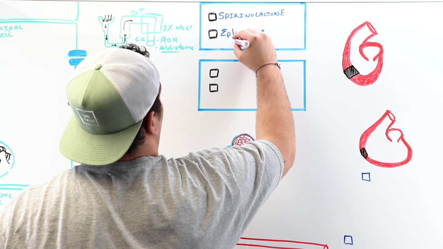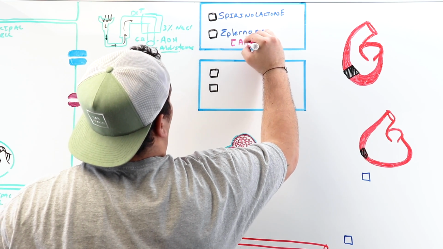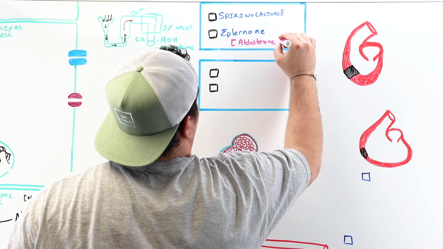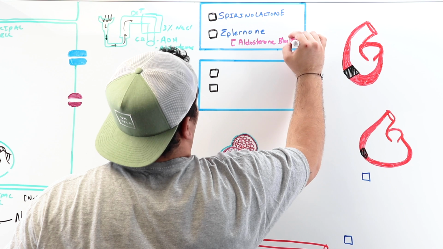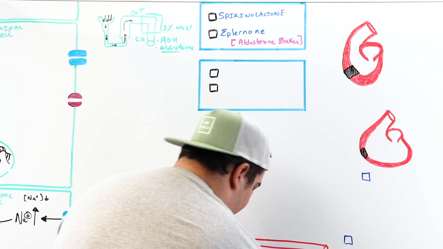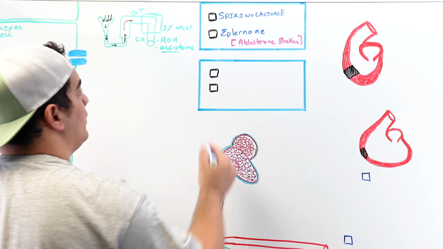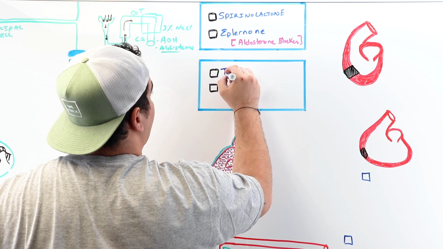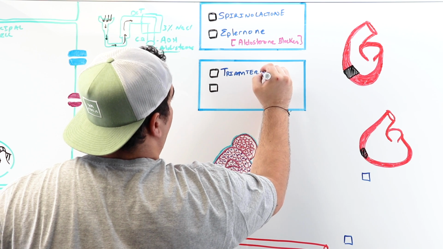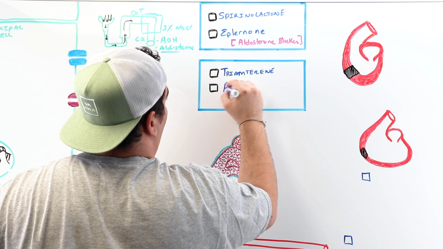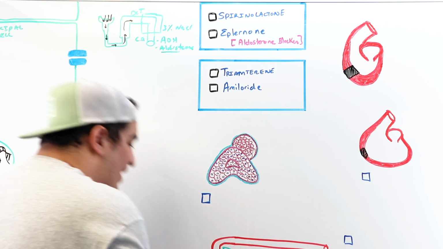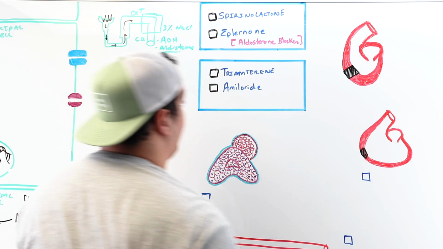So I'm going to write that down here on the bottom of this. These are aldosterone blockers. The other ones that we're going to talk about are Triamterene and Amiloride. These 2 are not aldosterone blockers.